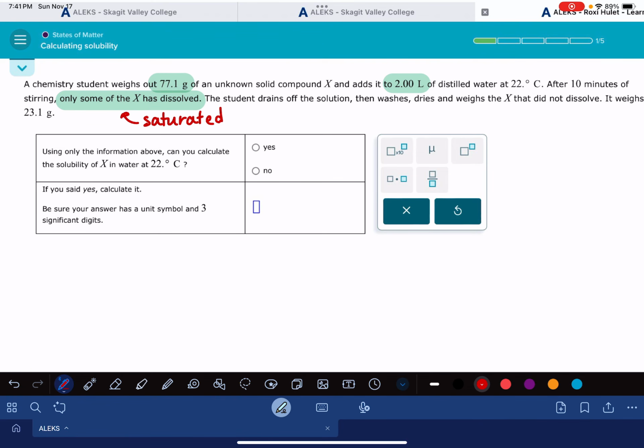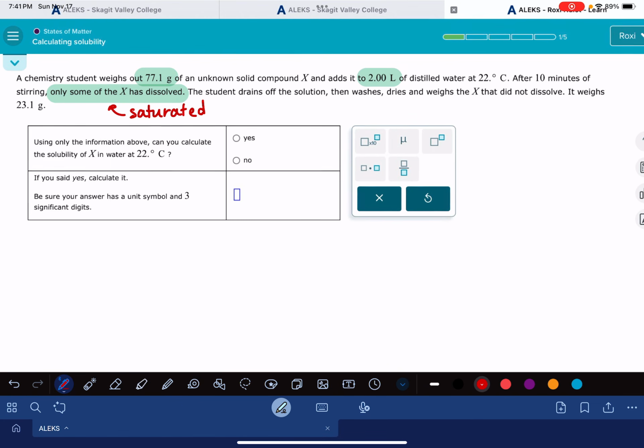Solid in the liquid means that it's saturated. Crystals in the liquid mean it's saturated. Precipitate in the liquid means it's saturated. Okay, so then it says we've got another mass here. Washes, dries, the X that did not dissolve weighs 23.1 grams.